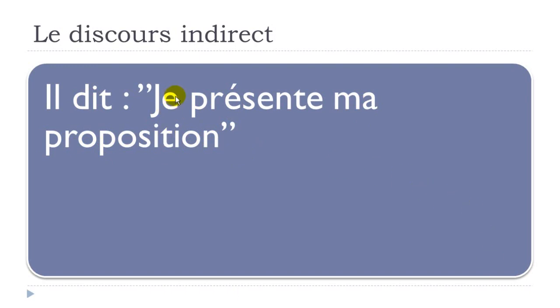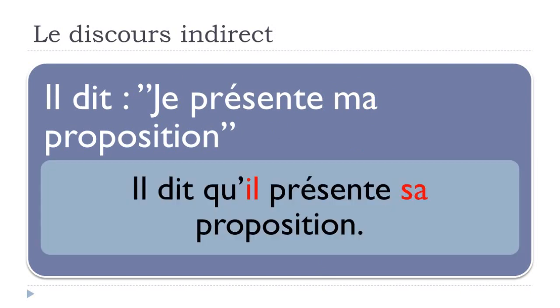So in that sentence, we know, of course, because we've been seeing that in the previous examples, that je will have to change. And then, in that case, we assume that this ma, so adjectif possessif, will have to change also. And let's have a look.